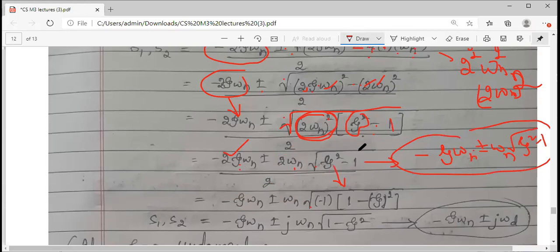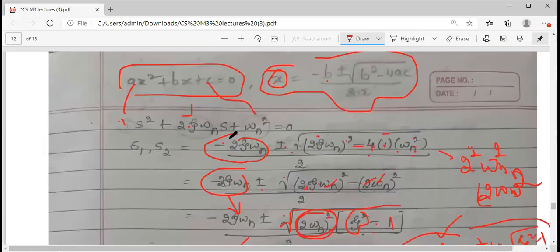If you take -1 common in the root term, it will become 1 minus zeta square. Taking -1 common, what is root of -1? It is nothing but the imaginary value i. So the roots you can keep either like this or like this.